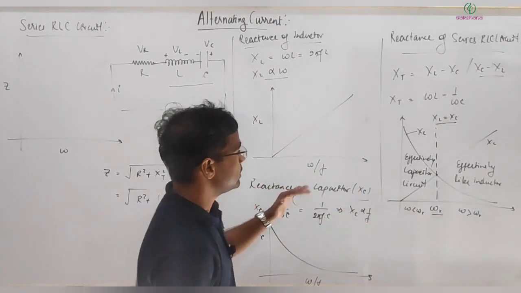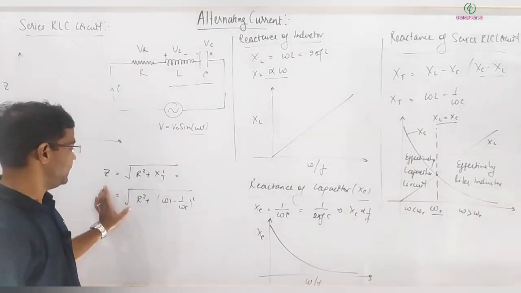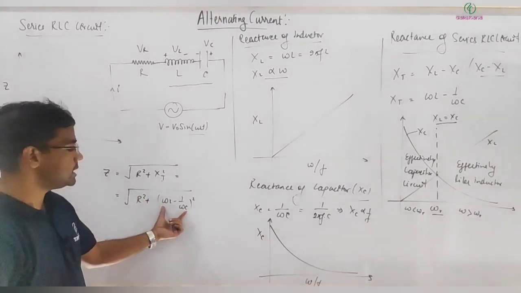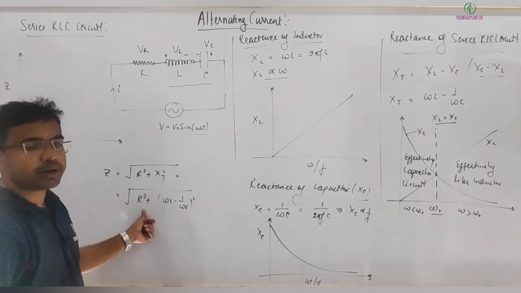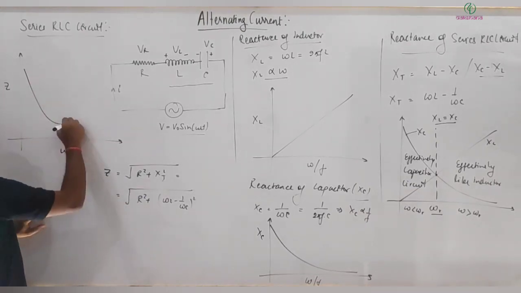So in both cases, you can see your Z will be higher, and exactly when this quantity is least, then Z will be simply equal to R, so Z will be your least. So if we plot the graph, it looks something like this.